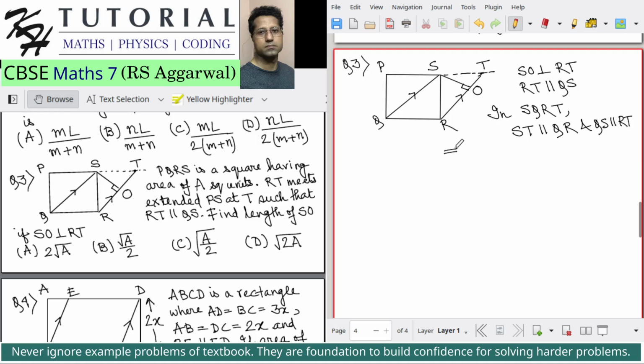So this implies that SQRT is a parallelogram, where QS is parallel to RT and ST is parallel to QR.